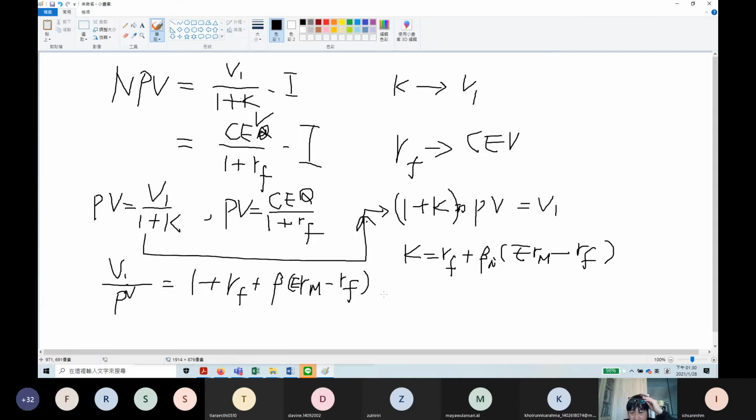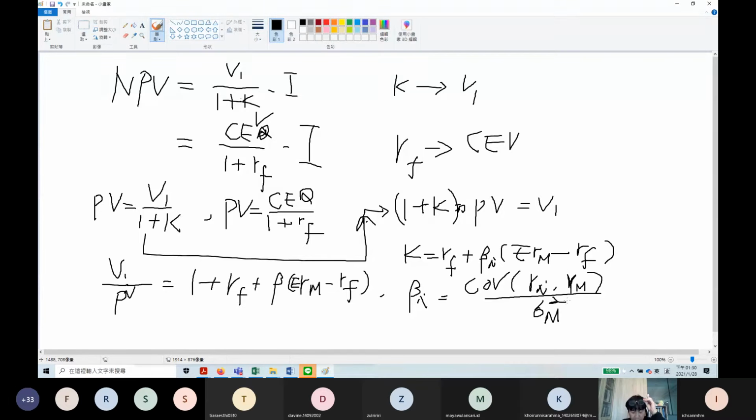So the beta we know is covariance of Ri, for some security Ri, and Rm, divided by sigma m squared.